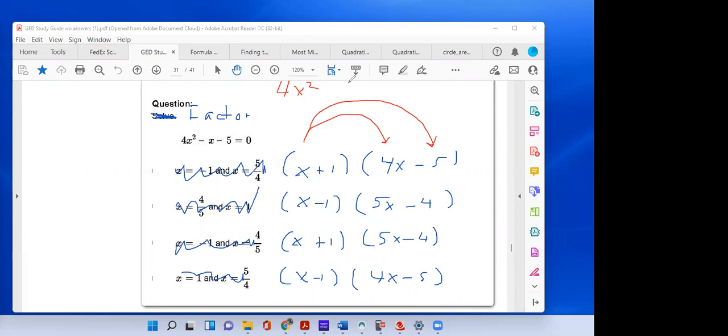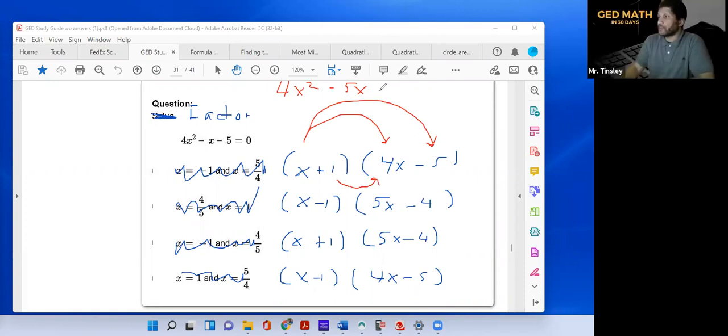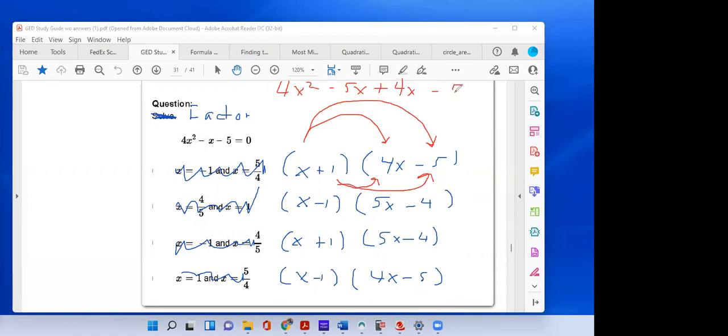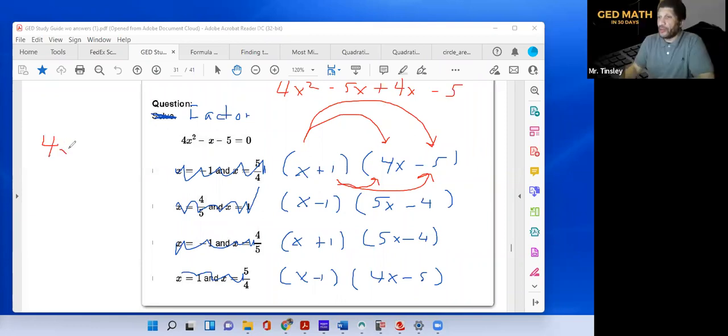Negative 5x. 1 times 4x is what? Positive 4x. 1 times minus 5 is what? Negative 5. So we got 4x squared minus 5x plus 4x minus 5.